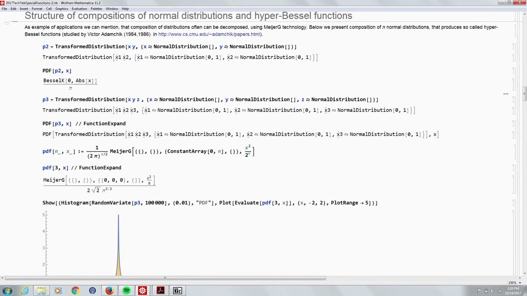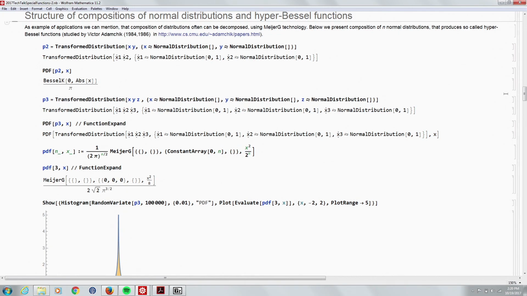We studied this in this book, which was published about 30 years ago: Kilbas, Samko, Kilbas, Marichev, Fractional Integrals and Derivatives. Chapter 36 includes the theory of these compositions of Meijer G transforms.